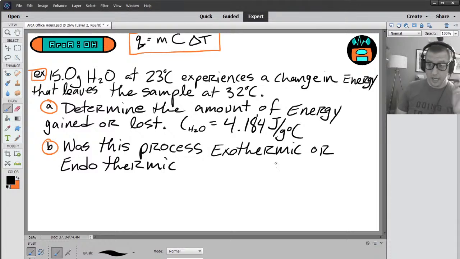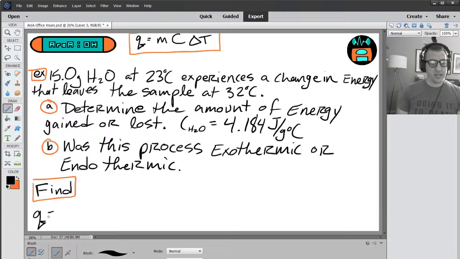All right. So first things first, let's start with part A. For part A, we are trying to find the amount of energy gained or lost. And that is another way of saying we're trying to find Q. All right, now let's look at what we're given.